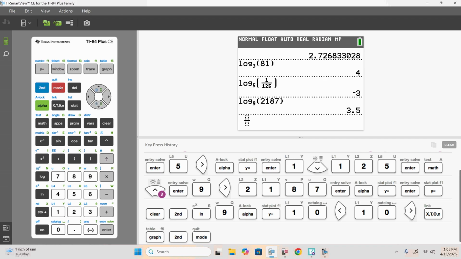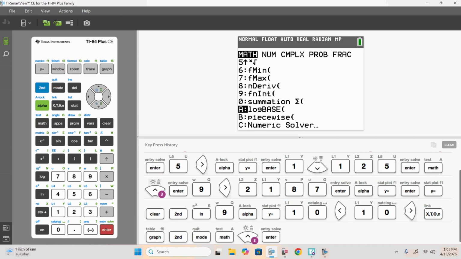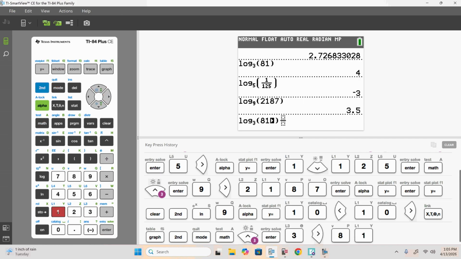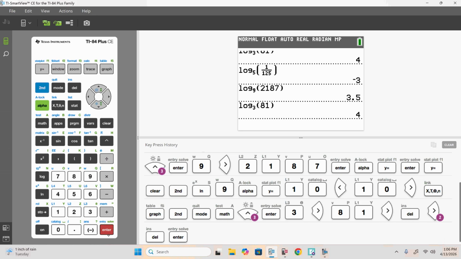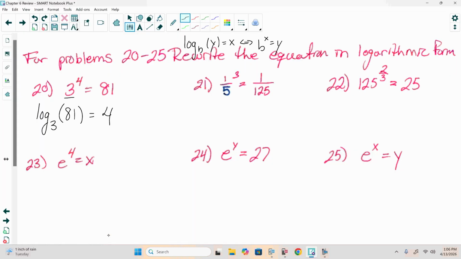Because I can come here and say math, log base 3 of 81. We can type this in and we can check it. Now I will need to remove that fraction out of there because the TI-84 Plus is going to want a number in that spot. And it tells us it's 4. So this is a true statement. This works. This is our answer.